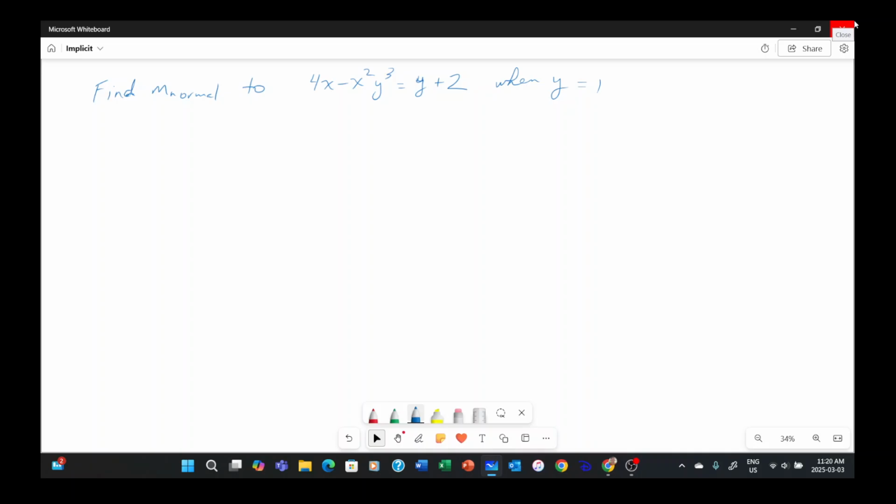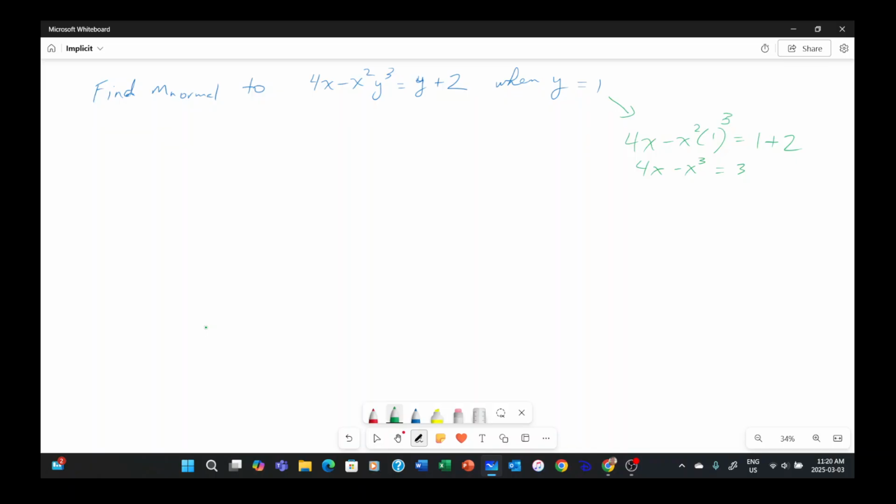So I'm going to do this in a certain order. You can do it in whatever order you want, but when I only know that the y value is 1, I like to find the corresponding x. So when y is 1, you get 4x minus x squared times 1 cubed, which is just 1, equals 1 plus 2. And so then you've got 4x minus x cubed equals 3.